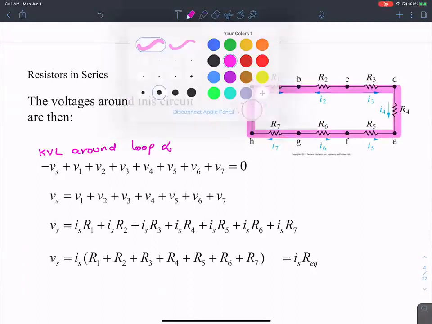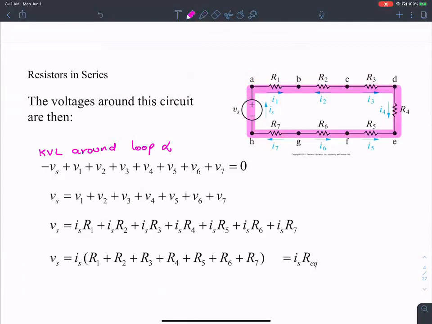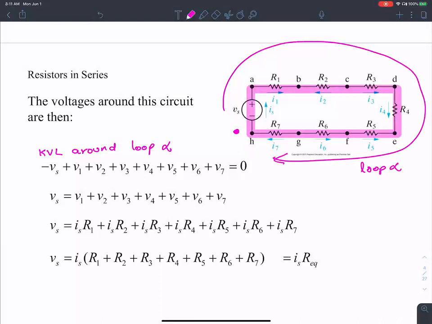That's loop alpha. When you're doing KVL, you always start at the lower left-hand corner and follow a clockwise path.